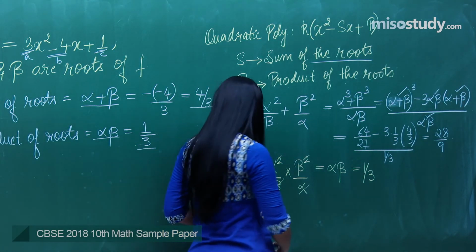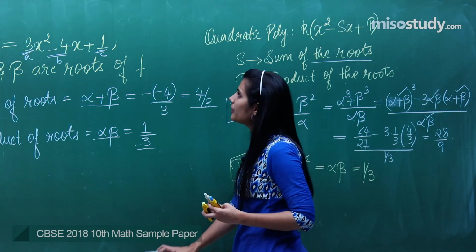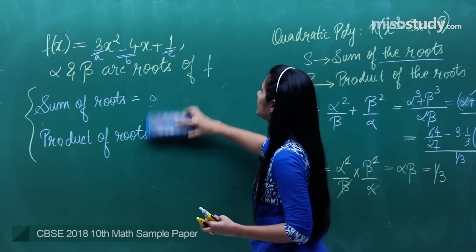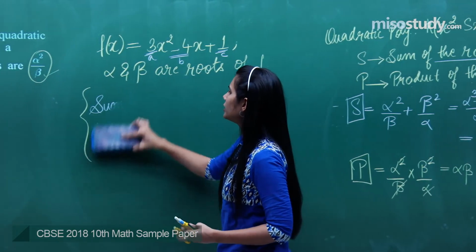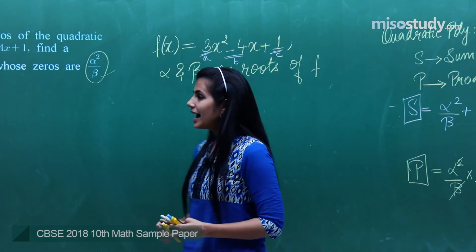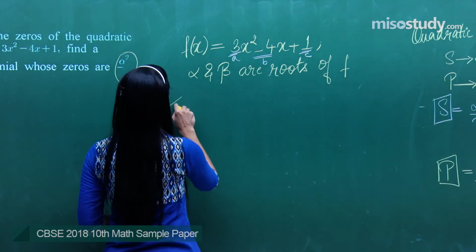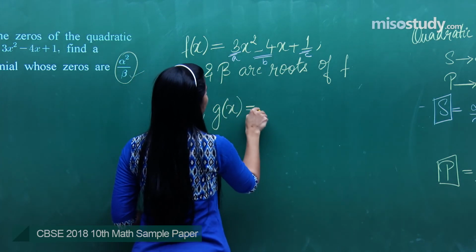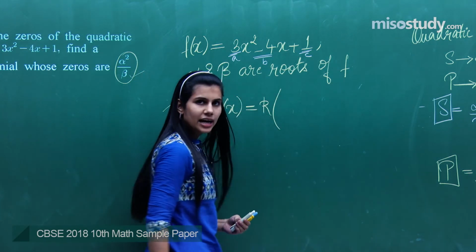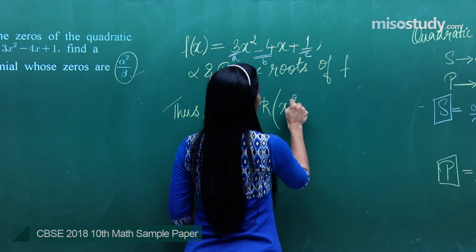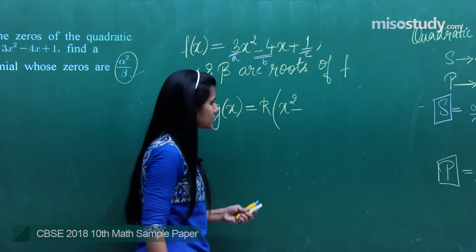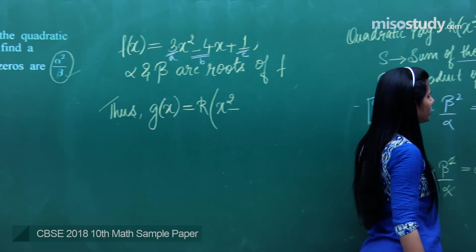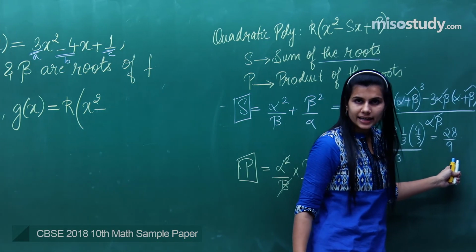The moment I have the sum and the product of roots of the unknown polynomial g, I can find out how it looks. I know thus the unknown polynomial g(x) will look like k times x square minus the sum of roots of this unknown polynomial. The sum of roots of this unknown polynomial is 28 by 9.